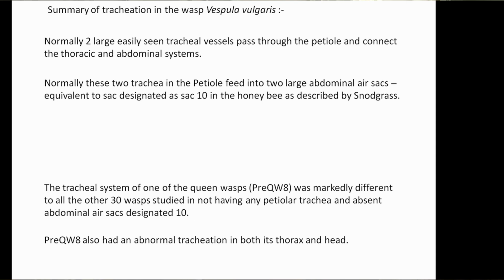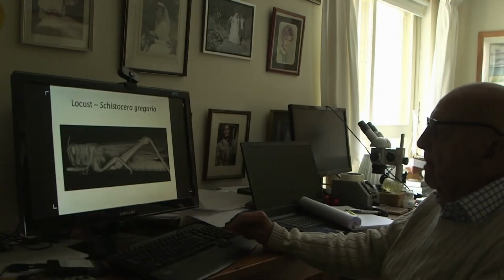There were also abnormalities in the tracheation of the thorax and head, and I would be interested to see whether anybody else had shown anything like this. I'm very interested in looking at other wasps with extremely thin waists to see whether any of them are going down this route.